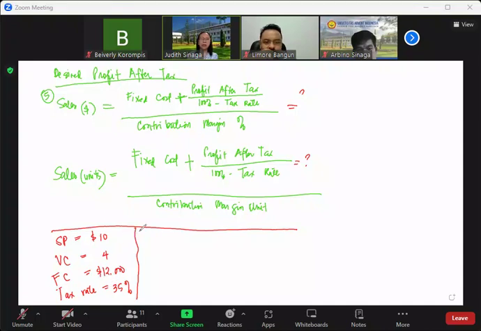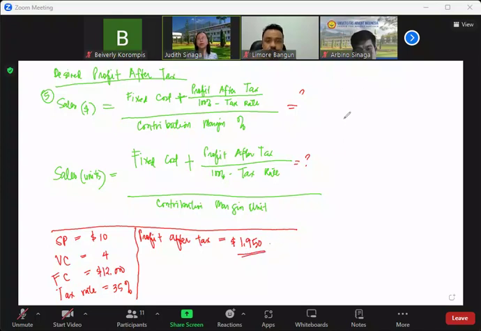Profit after tax-nya adalah, misalnya we need $1,950 as the profit after tax.